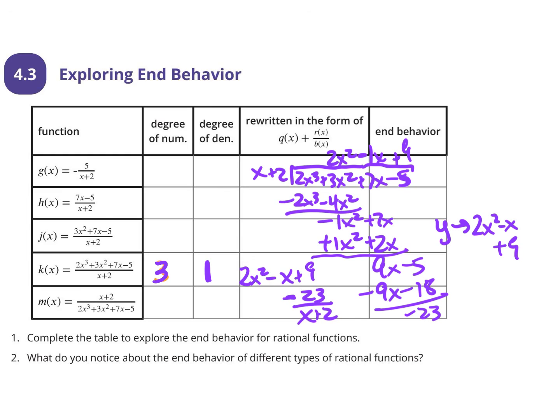We don't worry about the remainder, the rational part, because we know any constant over x will go to 0. So this is going to look goofy in the graph. I want you to graph all of these so that you know what they look like. And I don't have time to show it on the video.